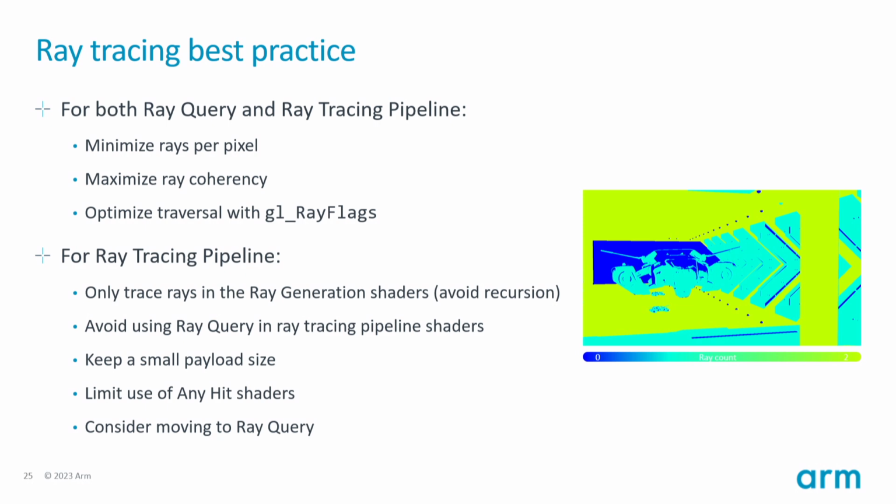They say the opposite: please move to ray tracing pipeline. So my question is, is this for simplicity only? Because I agree, ray queries are much simpler. Or is it that on mobile, your company is optimizing more for ray query instead of the pipeline?